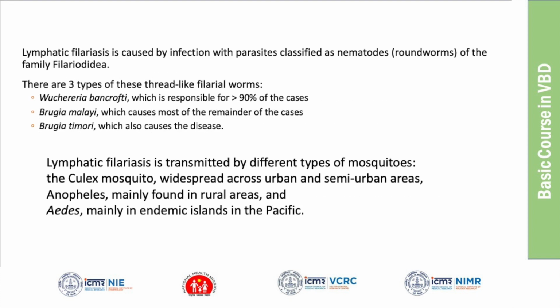Lymphatic filariasis is caused by an infection with a parasite, a thread-like nematode worm. Therefore, it is called filariasis. Filum means thread, and it is a thread-like nematode worm causing damage to the lymphatic system.